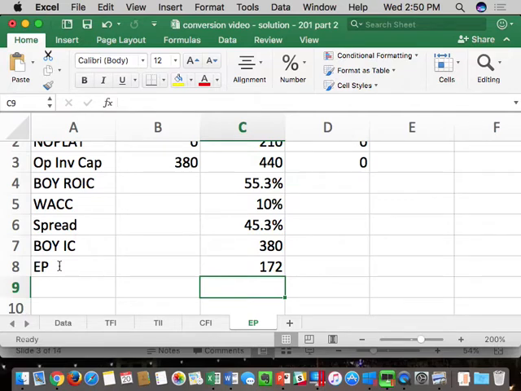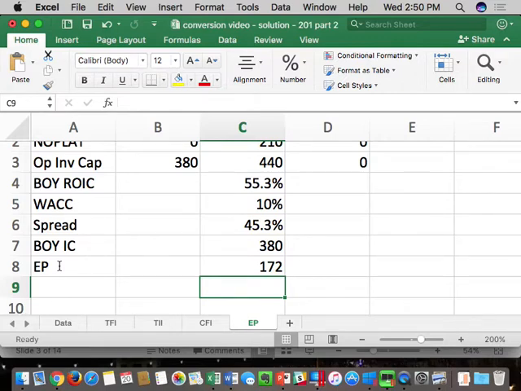I created 172 million of value this period, called economic profit, also known as EVA. So that's the point. Because I have a positive spread, I've created value. Economic profit just puts that value into a dollar amount. That's the whole point of what EVA was set up to do. Questions about what we just did?